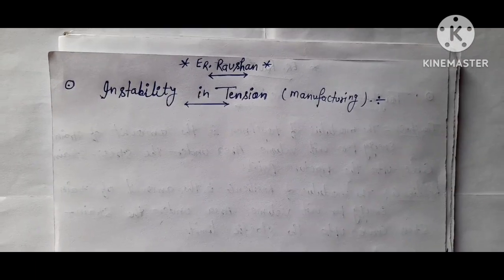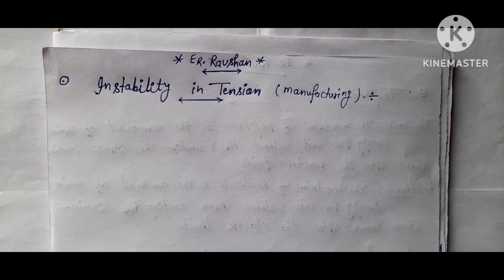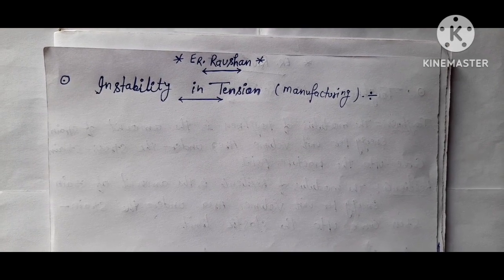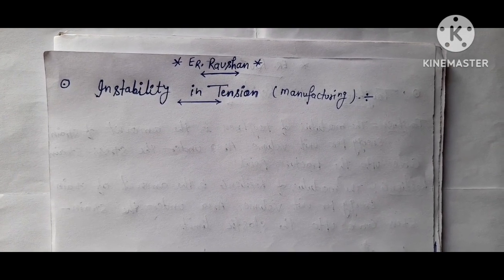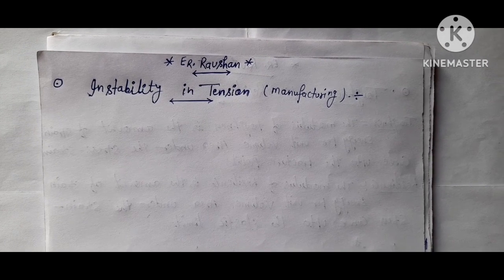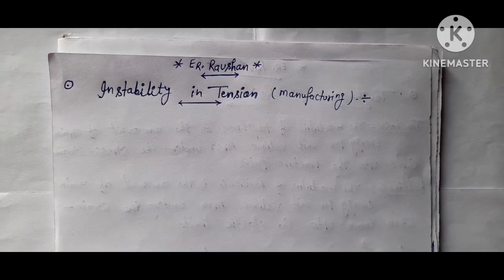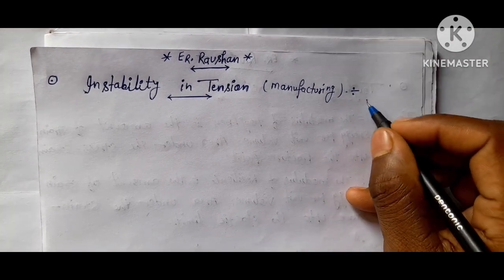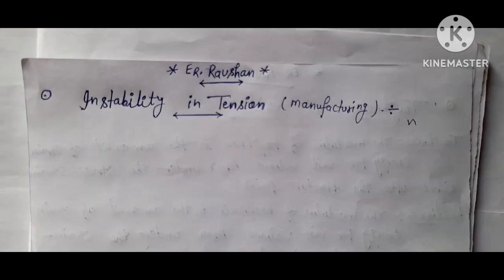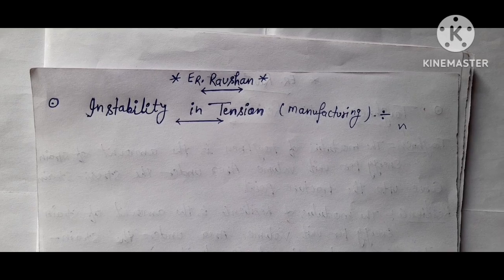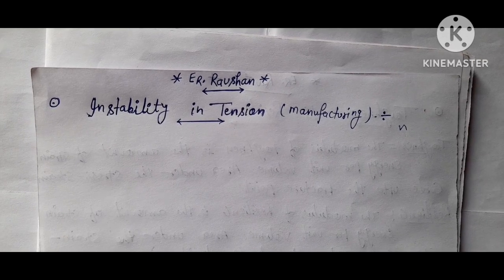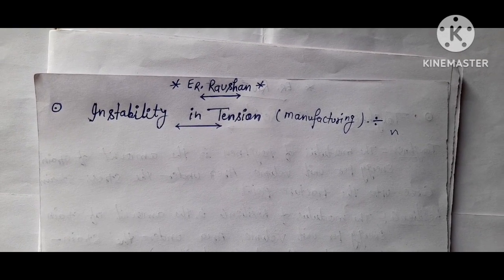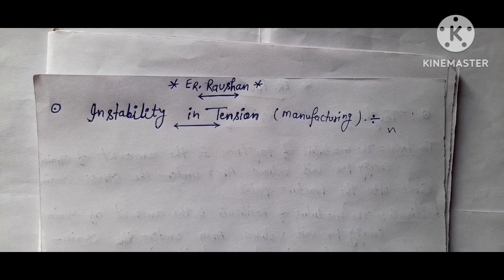Friends, in this topic we show that true strain at onset of necking is numerically equal to the strain hardening exponent n. Friends, you know that the slope of the load elongation curve at UTS, ultimate tensile strength, is 0.